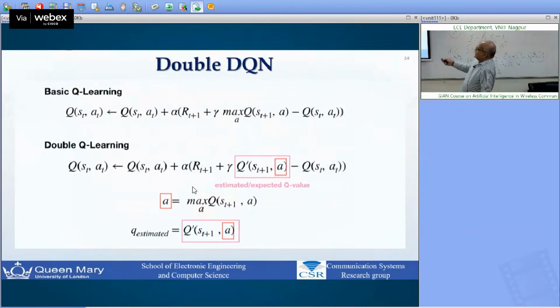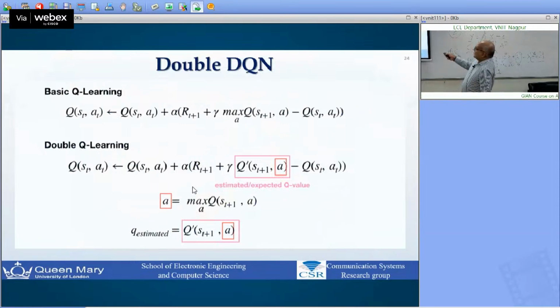In this Q learning, the Q value is updated using this Bellman equation. This is the new Q value, this is the old Q value, this is the learning factor, this is the reward, this is the discount factor.